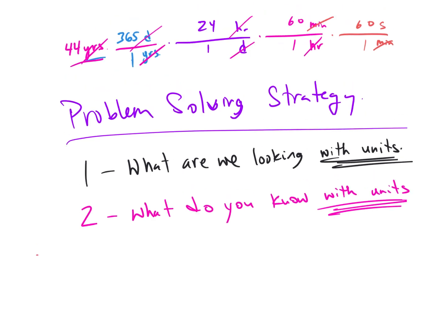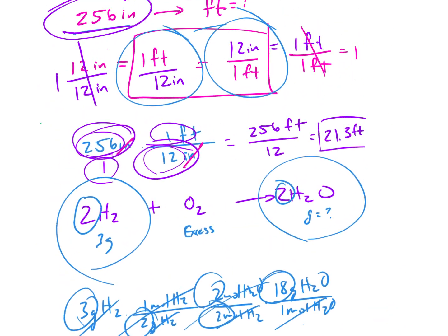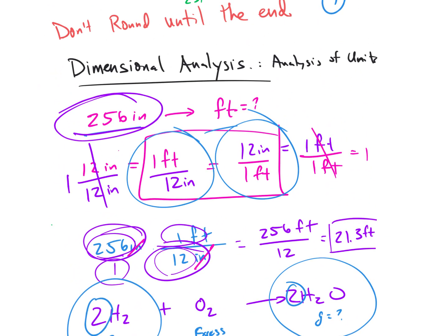Yes, we did, right here on the very first problem. What are we looking for in units? We're looking for feet. What do I know? I know 256 inches. So what's my third step, guys? Start with what you know.